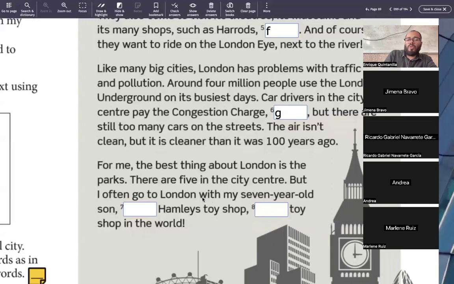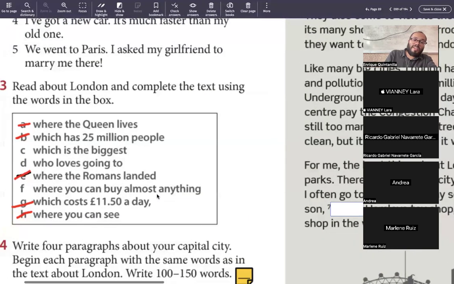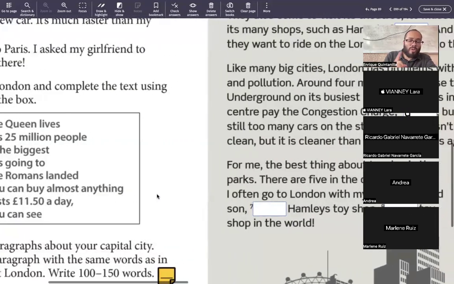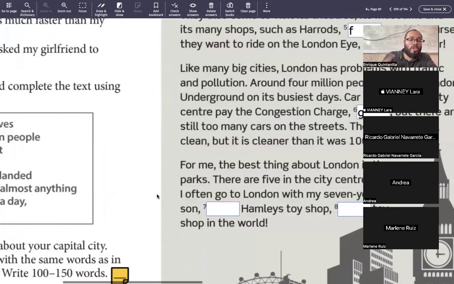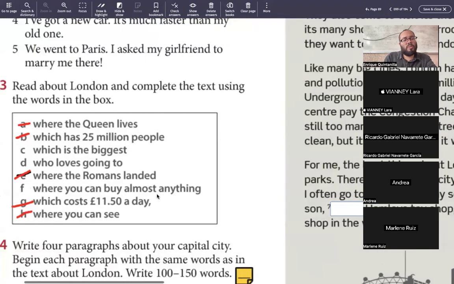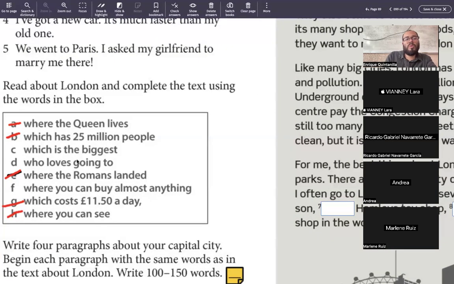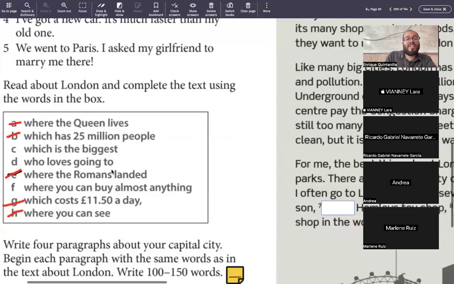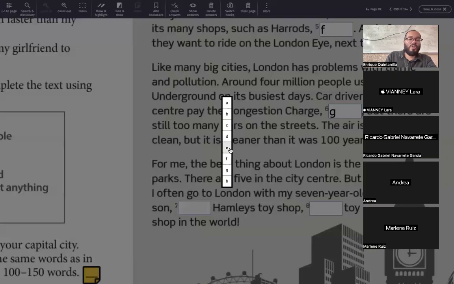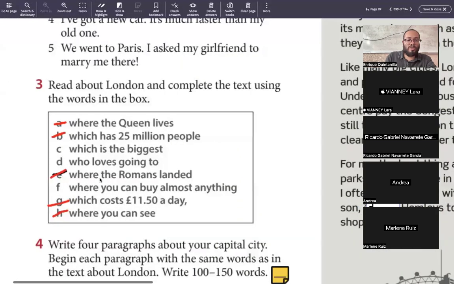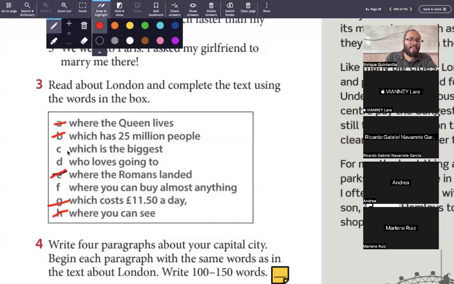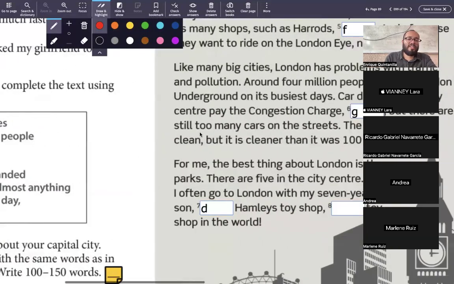Number 7, I often go to London City with my 7-year-old son. First of all, we identify 7-year-old son. Is it a place, a thing, or a people? People. So how do we use with people? Who. Letter D. We use who for people, y el único que está con who es letter D. Yes, correct.